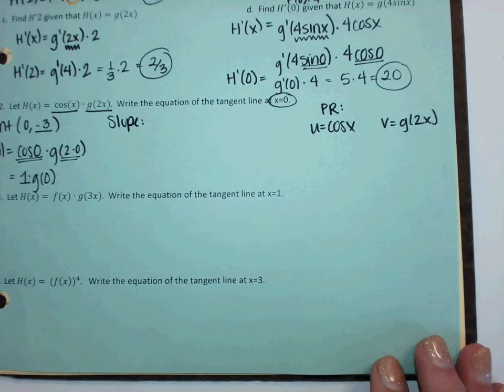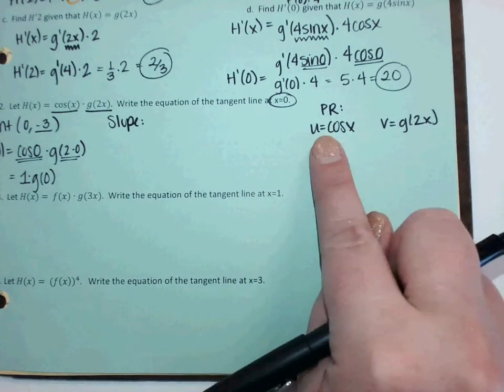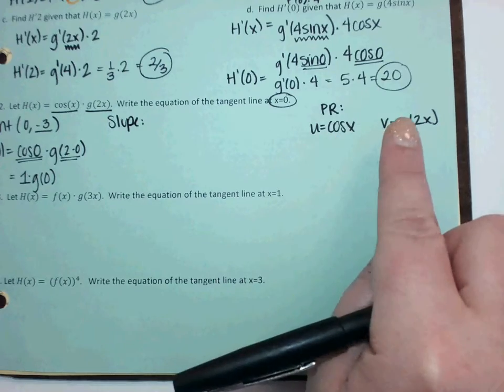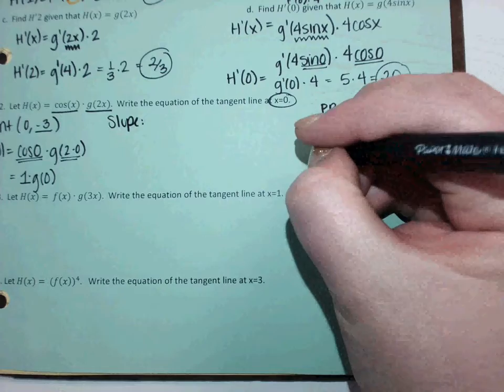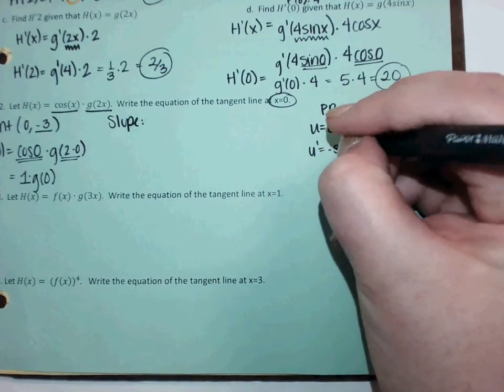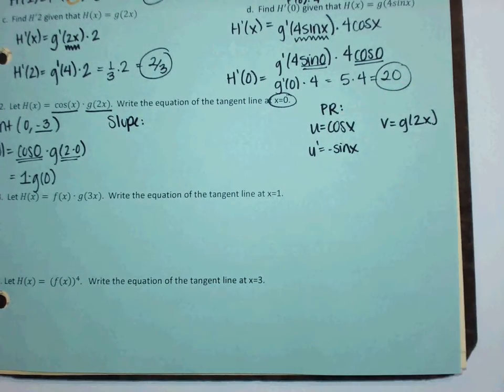However, when I take the derivative, what rule am I also going to use now? Chain rule. And where am I going to use it? U or v? Which one has chain in it? V. U is cosine. What's the derivative of cosine? Negative sine. So no chain rule there. But when I get to my g of 2x, that's going to need chain rule.